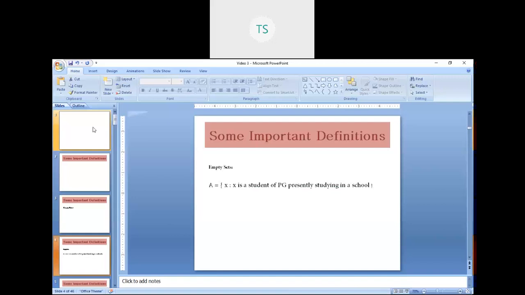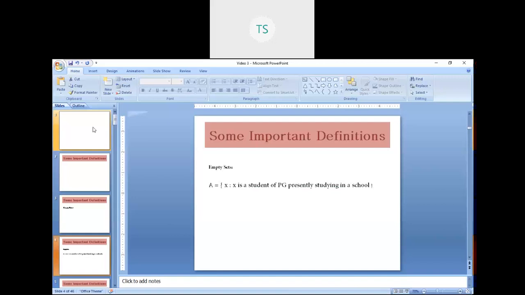Do you get any such student? Post graduation means a student of a master degree studying in a school. Will any master degree student study in a school?